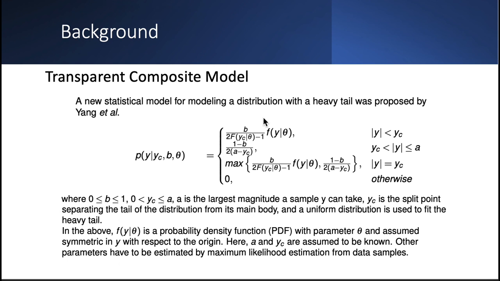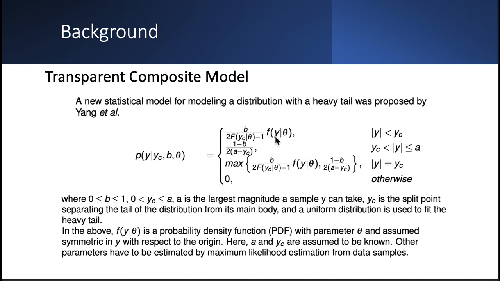For our model, we're going to use a TCM model for modeling the distribution, which is one of the popular distributions proposed by Professor Yang to model heavy-tailed distributions, where B has a range from 0 to 1, and YC has the range of 0 to A, where A is the largest magnitude that Y can take, and YC is the split point between the uniform distribution and the main body of the distribution.